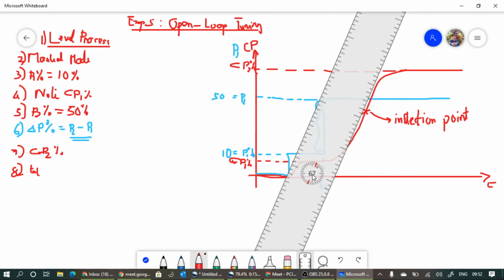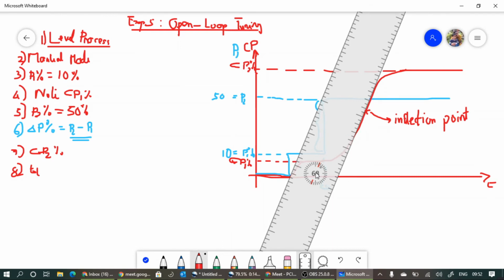Again change the inclination of this scale, the alignment or elevation of the scale. Now you can see that the scale is parallel. This one is the inflection point. So through this inflection point draw a straight line or a dotted line.